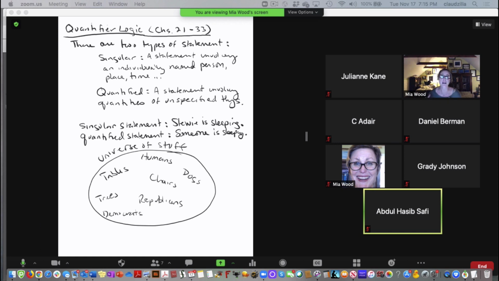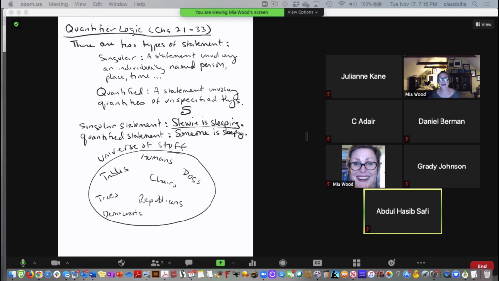Okay, so here's a standard way, in what's also known as predicate logic, that we can talk about singular statements and then move to quantified statements. Recall that when we were working in truth functional logic, Boolean and propositional, we talked about simple statements that were then compounded, in terms of capital letters A through Z. So if we wanted to talk about Stewie sleeping, capital S is Stewie is sleeping.